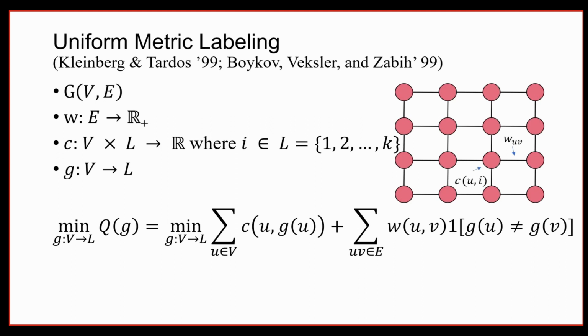Basically, if you don't have this particular term and you only look at the cut function, and also if you restrict it to just 2 labels instead of K labels, then that is basically the minimum s-t cut problem.